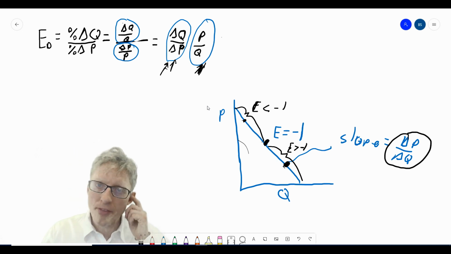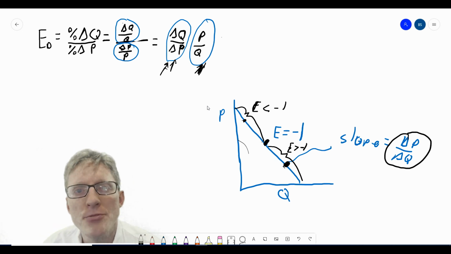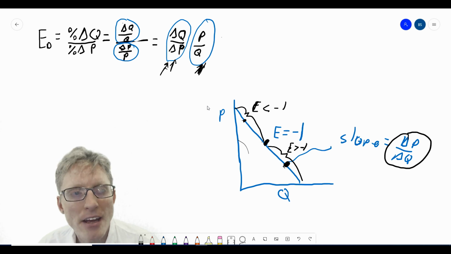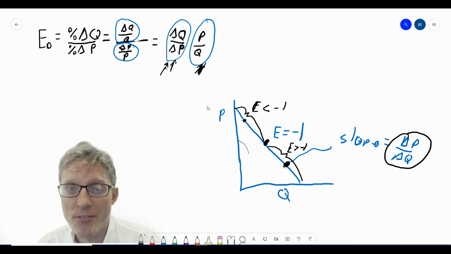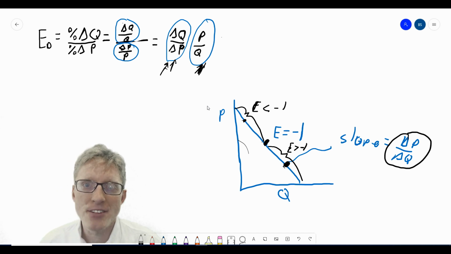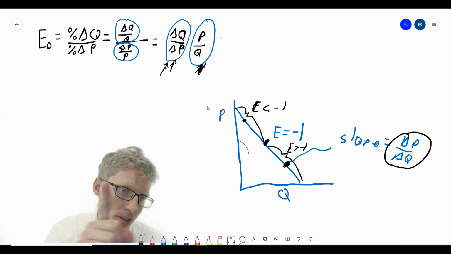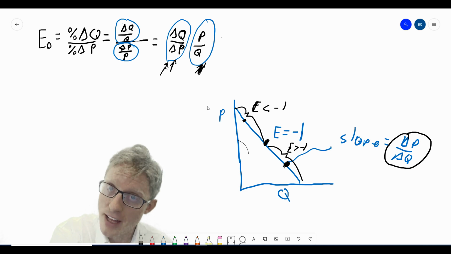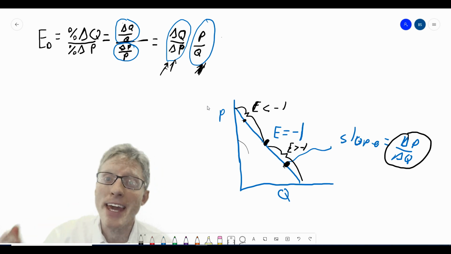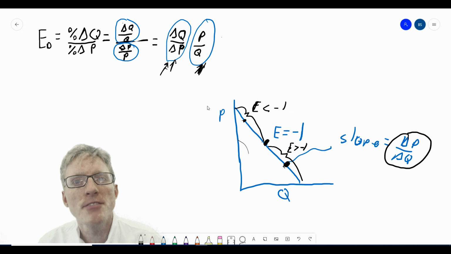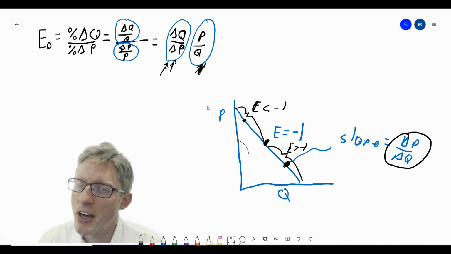So the last point that I want to make is that there are lots of different types of elasticities that we could look at. What I focused on in this short video is the price elasticity of demand, but we could look at other things like the income elasticity of demand, which gives the percent change in the quantity demanded for a percent change in income.